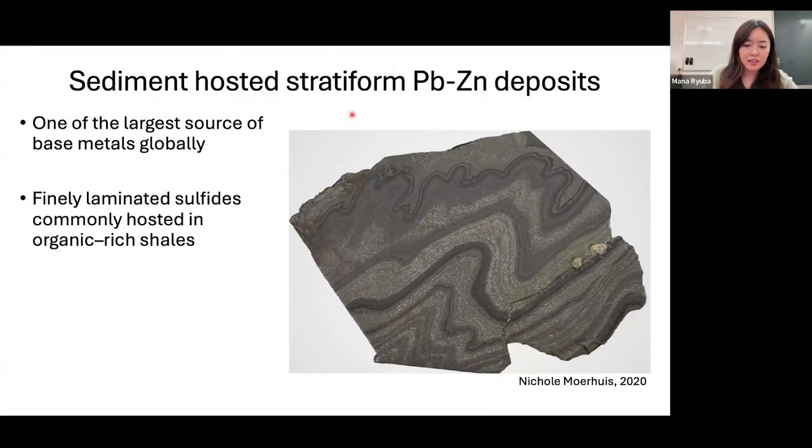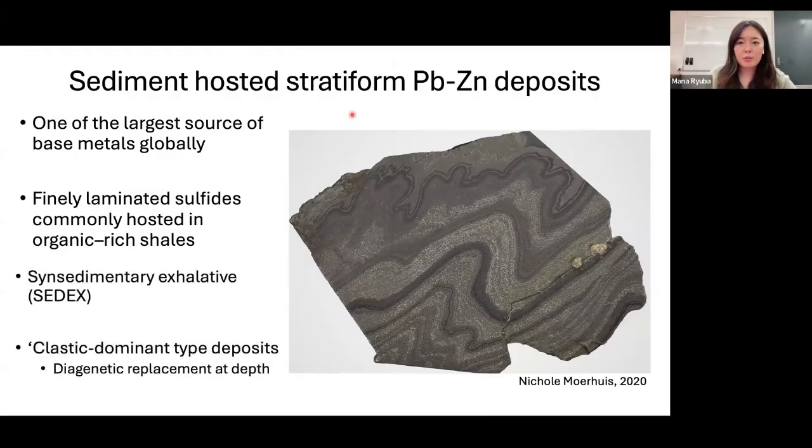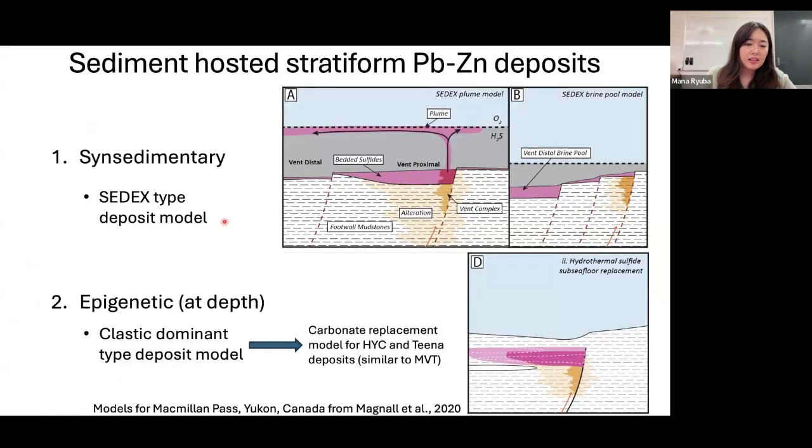I've used the term stratiform quite deliberately because there are a few models to explain how these deposits form. Probably the most well-known is the sedimentary exhalative, or SEDEX, type deposit model, and the other is the clastic-dominant type deposit model. You can categorize these two as a sedimentary model and an epigenetic model.